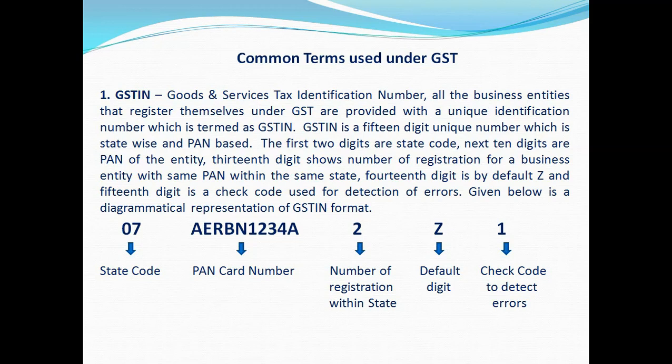So if you are applying for GSTIN from Delhi, the first 2 digits of your GSTIN will be 07. The next 10 digits are your PAN. Then the 13th digit is the number of registration within the state. The 14th digit is a default digit, and the 15th digit is a check code to detect errors. So this is the complete bifurcation of the 15 digits of the GSTIN.